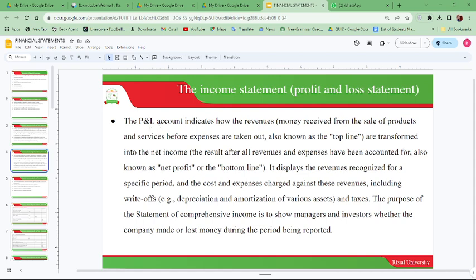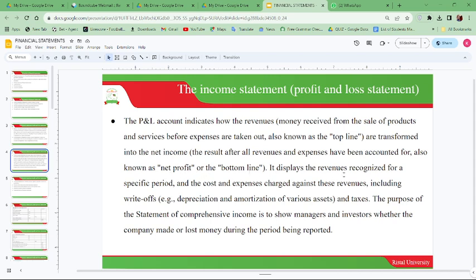The profit and loss account indicates how the revenue, the money received from the sales of products and services before expenses are taken out, known as the top line, is transformed into the net income, the result after all revenue and expenses have been accounted for, also known as net profit, or the bottom line.